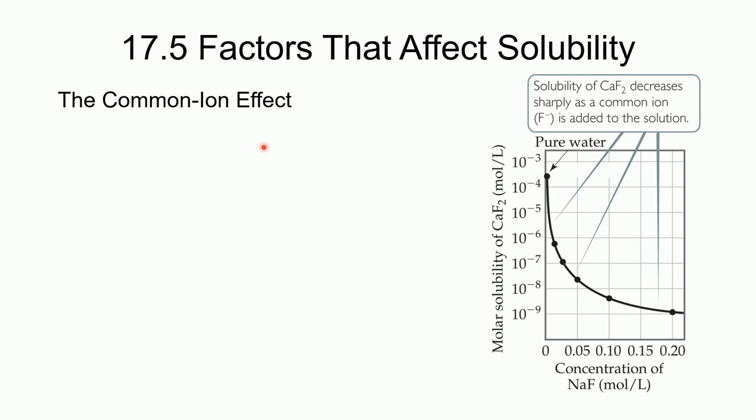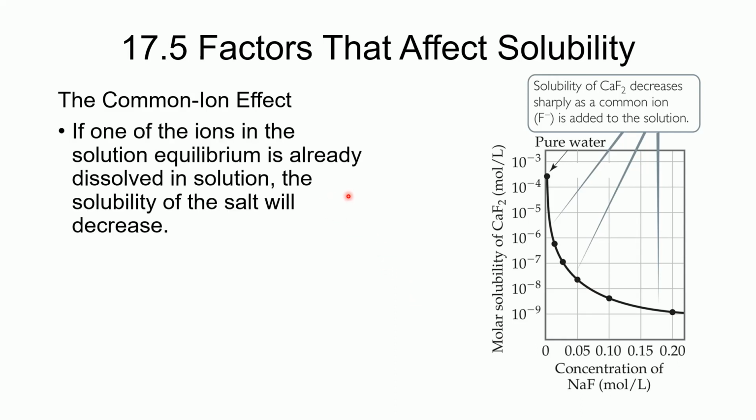If we have a strong electrolyte that has an ion in common with a weak electrolyte, then it will affect the dissociation of that weak electrolyte. Here our strong electrolyte would be some sort of soluble ionic compound, like sodium fluoride, and our weak electrolyte would be something of very low solubility, like calcium fluoride.